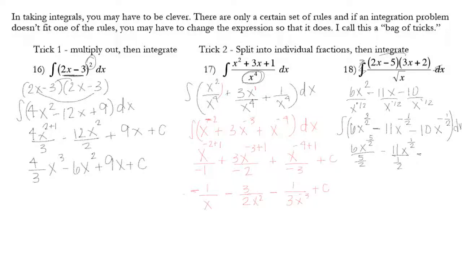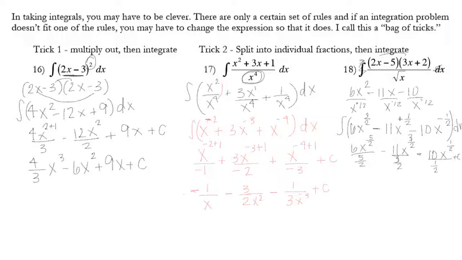Let's go back. That's a positive 1/2, isn't it? I made a mistake. Uh-oh. So sorry. So that's going to be 3/2, isn't it? Over 3/2. Glad I found that. I thought that was weird. All right. And so we have minus 10x. And if I add 1, I get 1/2 over 1/2. And then plus c, because I've integrated.